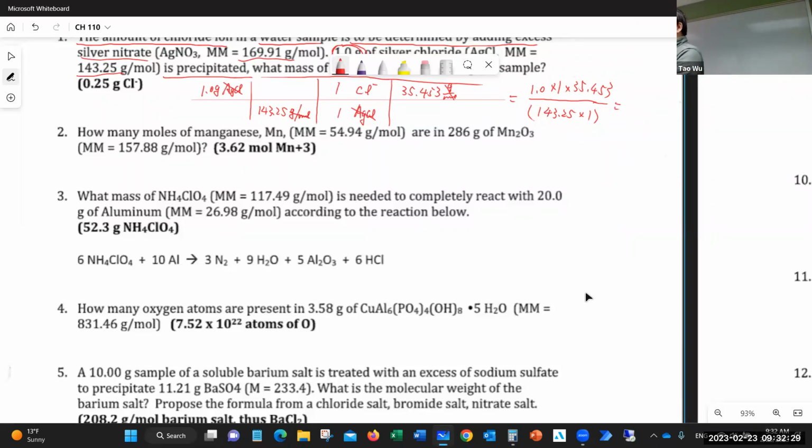Okay, so let's turn to page 13. Turn to page 13. Let's look at question number 2. I think it's better to write this down.